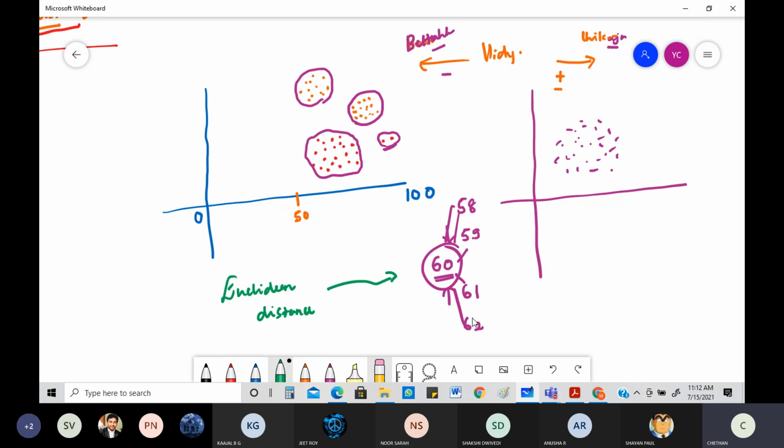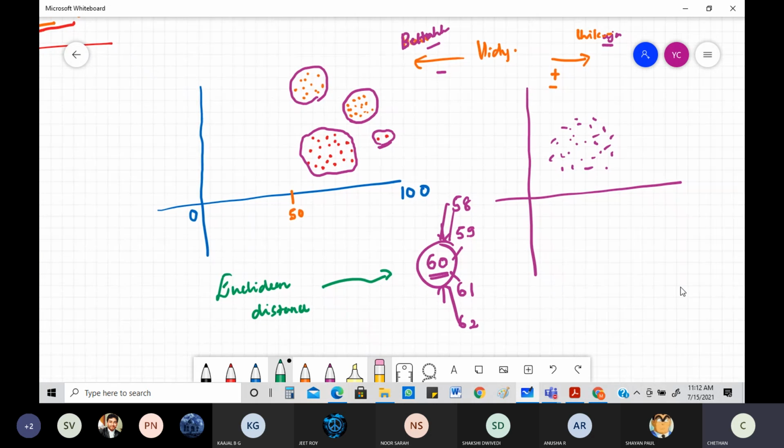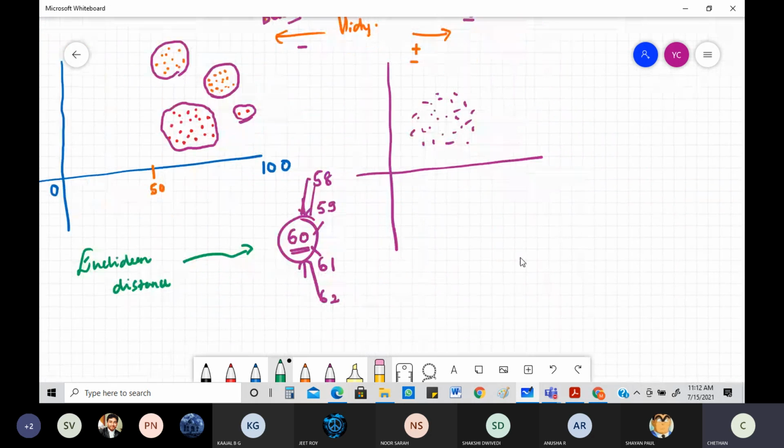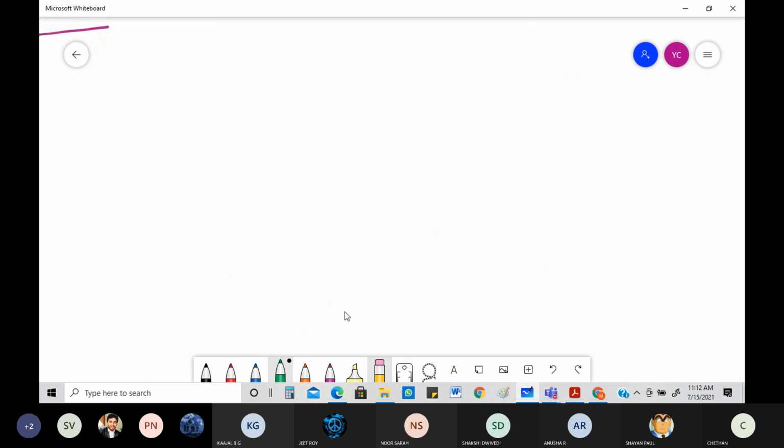But why do you need all these things, and how do you figure out where you need to place it? Think there is a fruit like this. You don't know where to place it, whether it is an orange, an apple, or a mango. So what do you do?